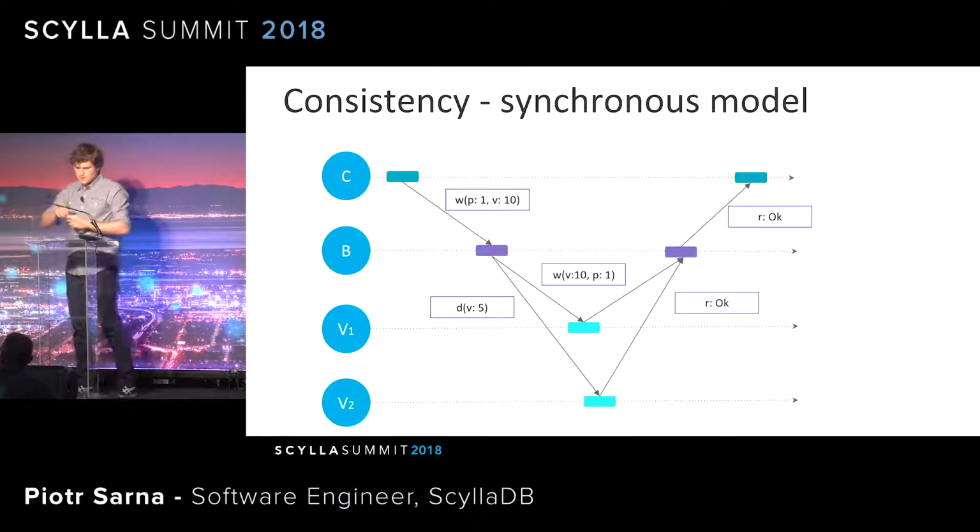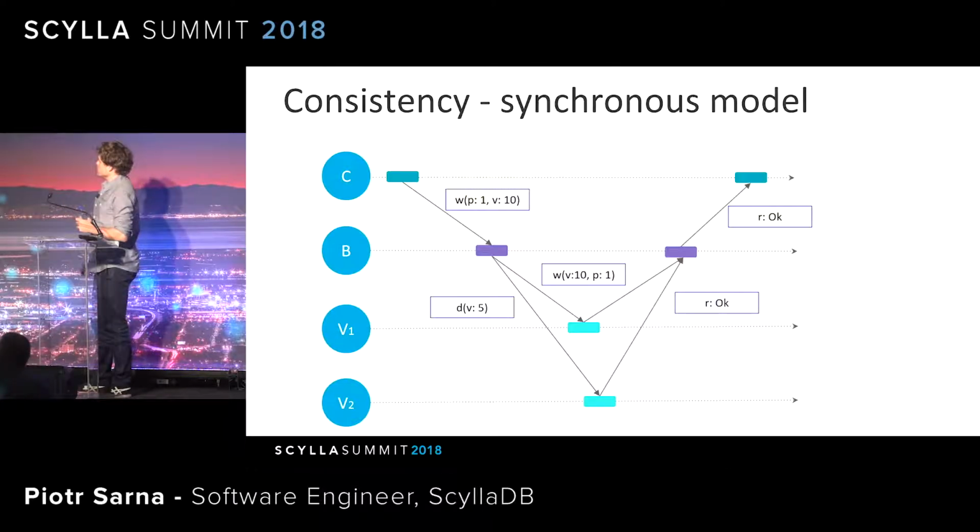All right, consistency, our challenge number one. Let me first explain the graph here. Blue circles are nodes. C stands for coordinator, B is base, and V1, V2 are view replicas. And this picture shows a flow of requests in time.